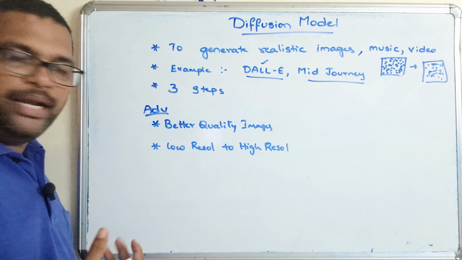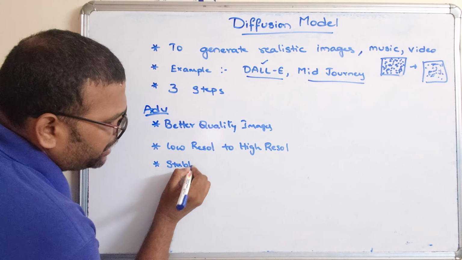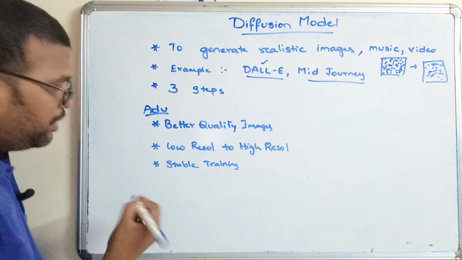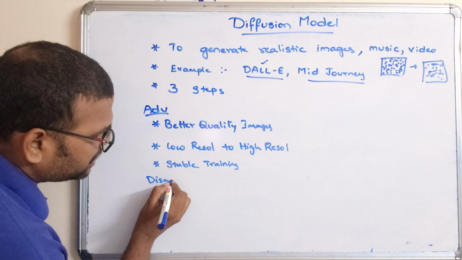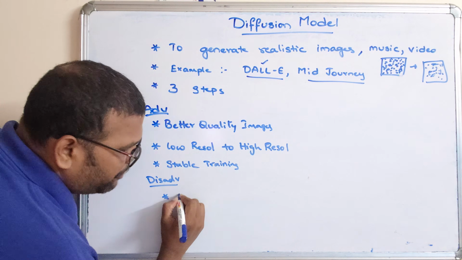Another one, it will have a stable training. The training of data will be stable in this. And one disadvantage of using this diffusion model is that it consumes more power.